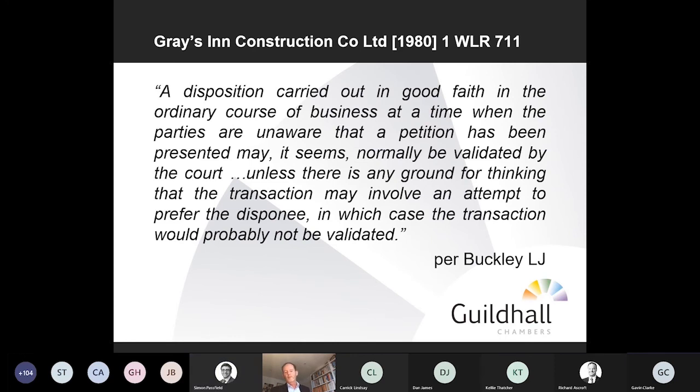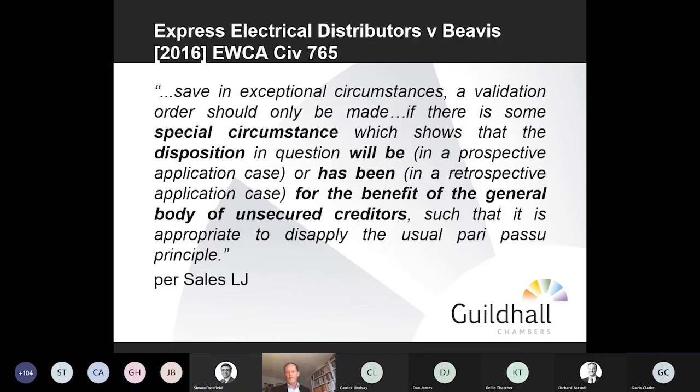So that was the prevailing practice for many years until we get to the case of Express Electrical and Beavis, another Court of Appeal case in 2016. So again, in that case, it was a fairly typical scenario. A supplier had supplied a particular company that had a petition down.